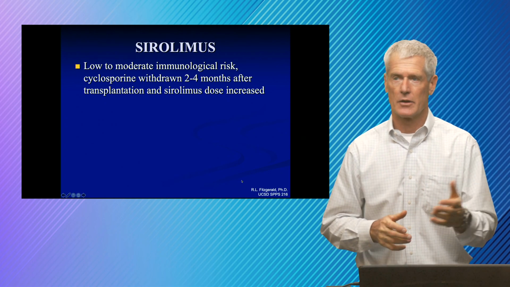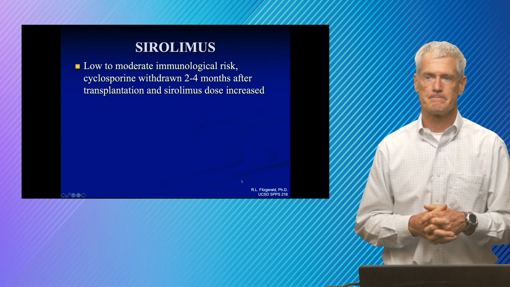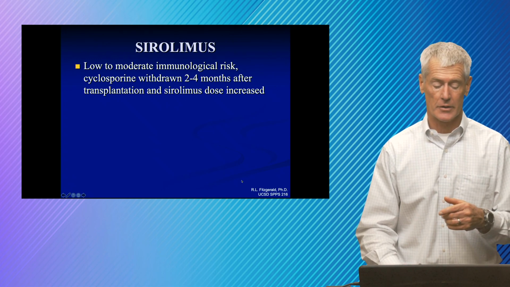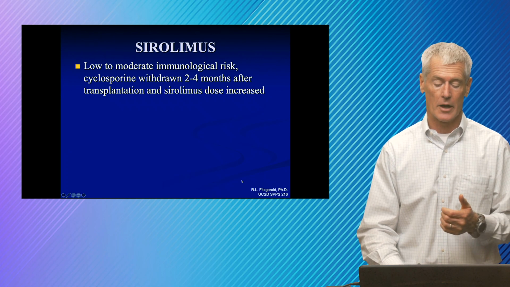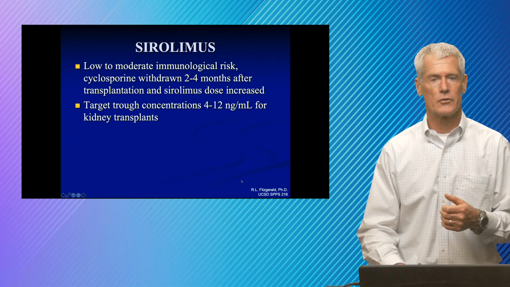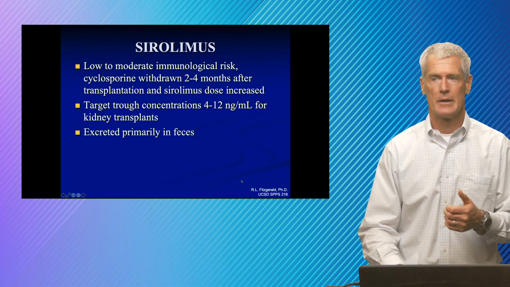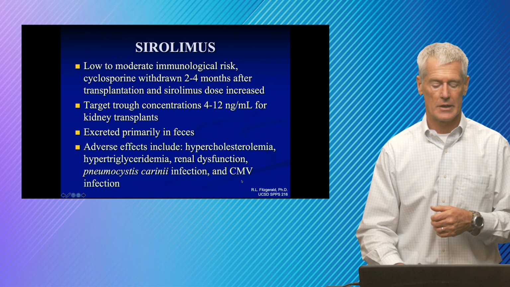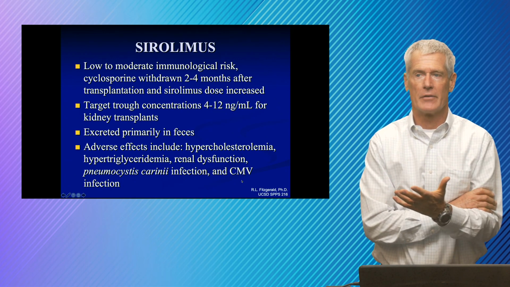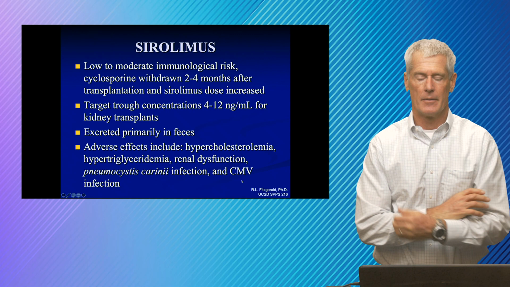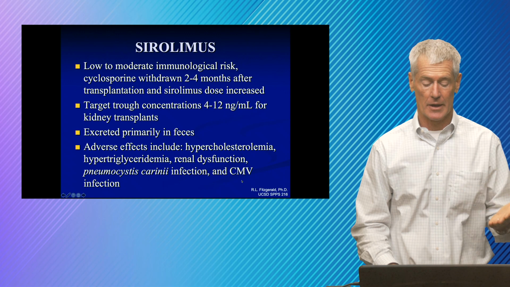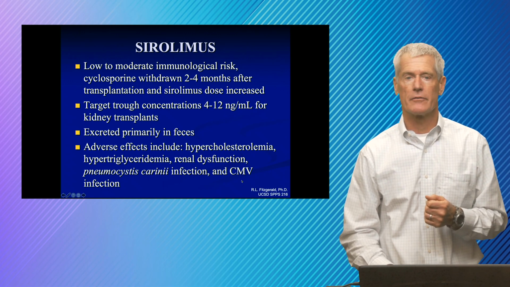Actually, that's the reverse. They take them off the cyclosporin and up-titrate the sirolimus. Target concentrations are 4 to 12, depending on what's being transplanted. It's excreted in feces, and it makes sense that if you're immunosuppressing people, they get infections, so CMV infections happen. Hypertriglyceridemia and hypercholesterolemia are also adverse effects.